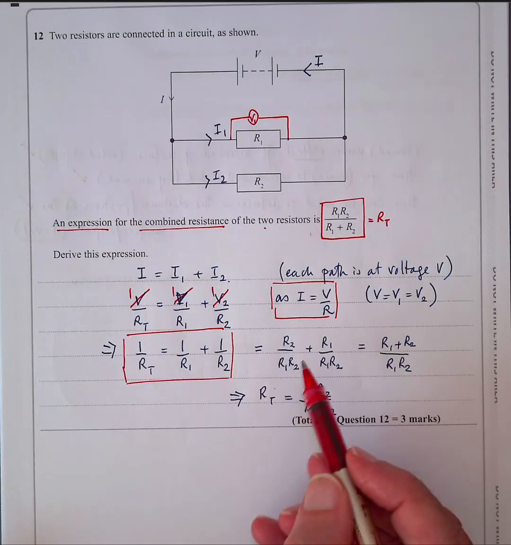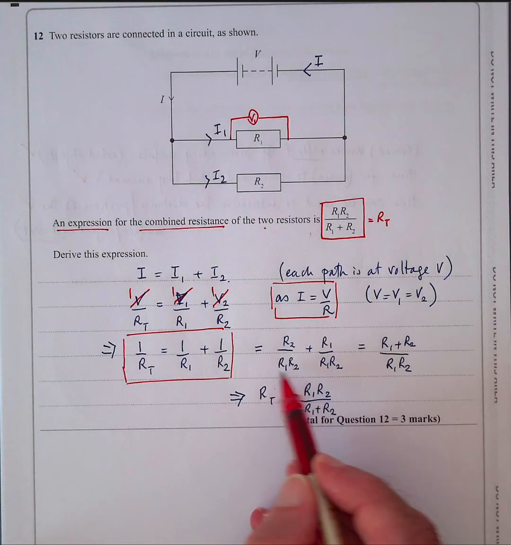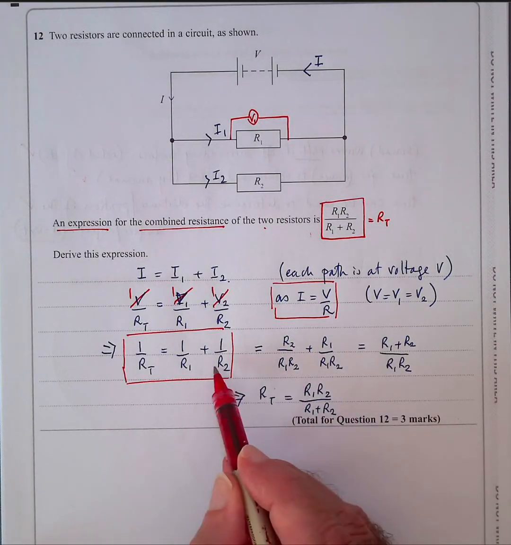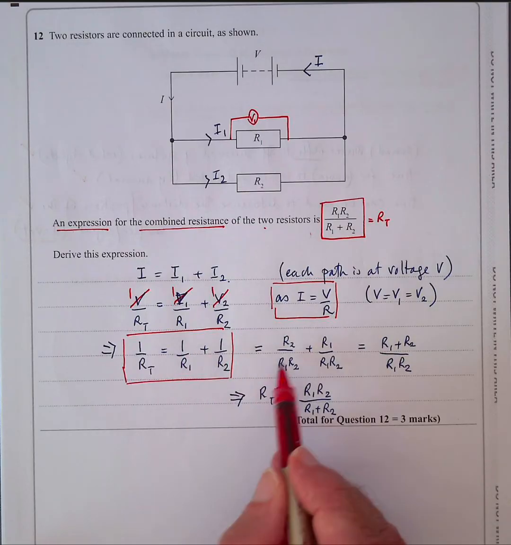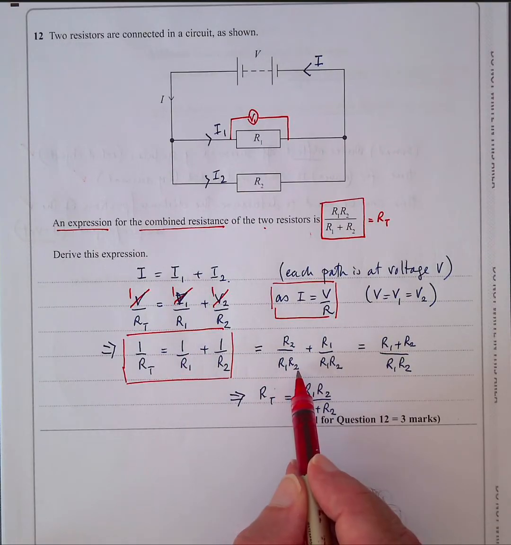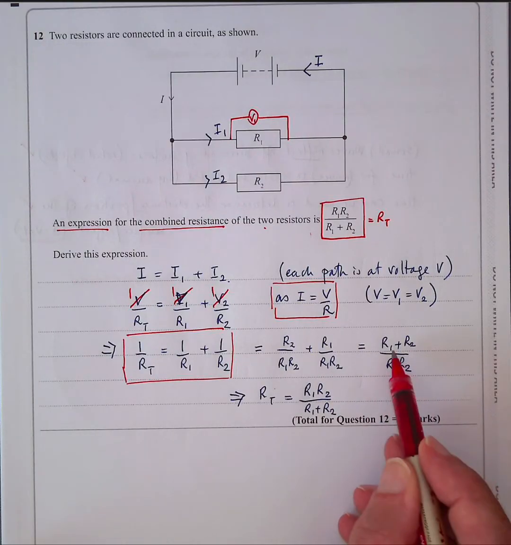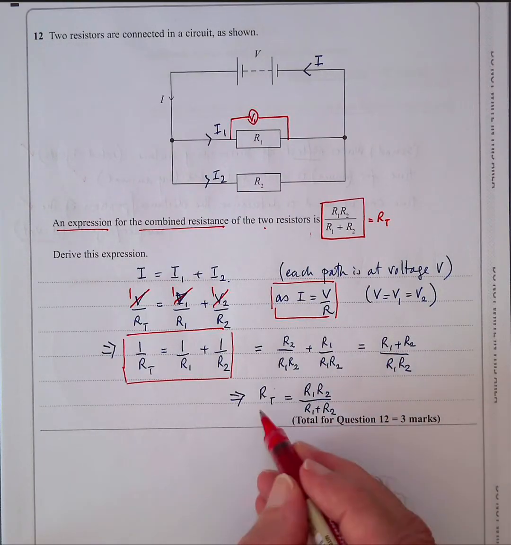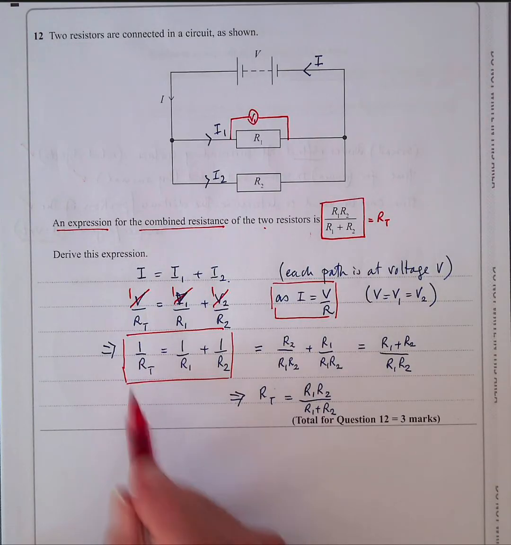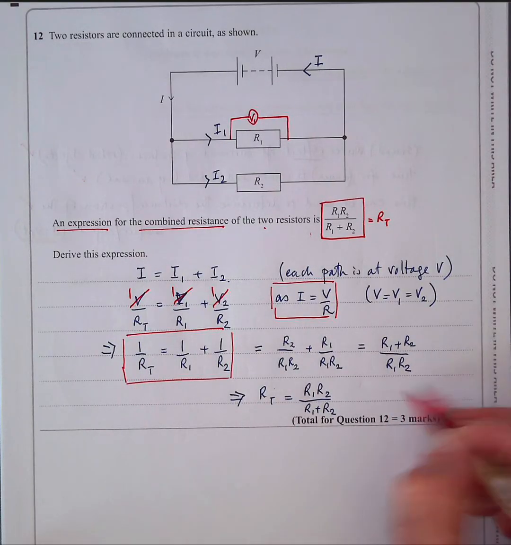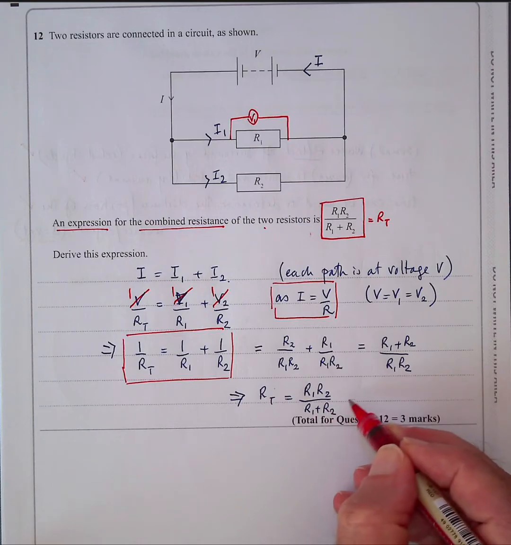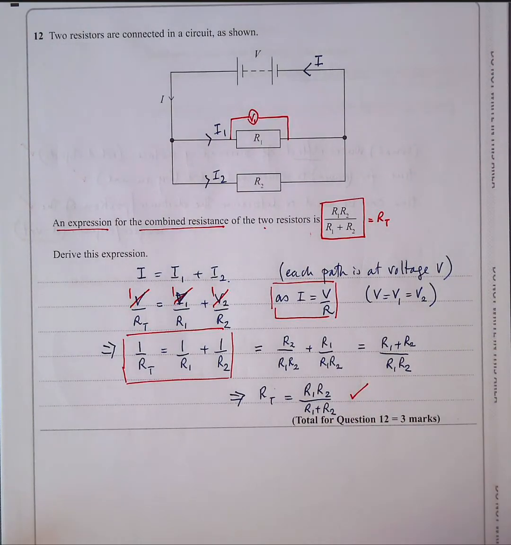If you multiply it out, you make the common denominator R1 R2, so this one will be R2 over R1 R2, and this one will be R1 over R1 R2, so you can then add the tops. But remember, this is 1 over the total resistance, so you reverse the fraction and you get to that point. And how many marks is that?